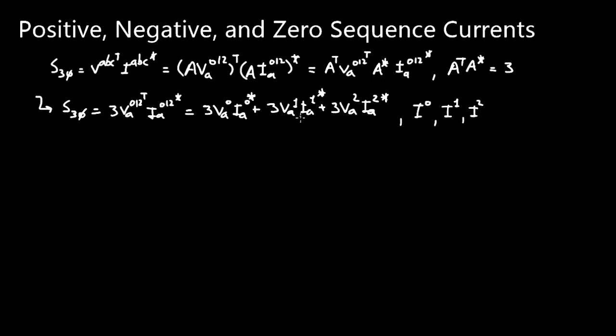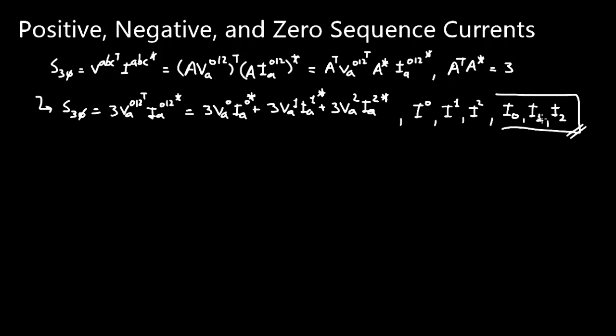Now, because that's the case, you don't need a subscript and a superscript. So usually what I've seen, again, in industry is that people call the zero sequence current I sub 0, and the positive sequence I sub 1, and the negative sequence I sub 2. These right here are by far what you would see in industry. Hardly ever would you see people talking about A and B and C sequence components.